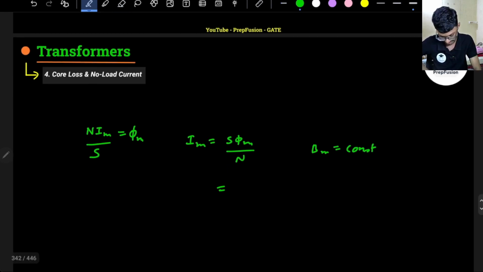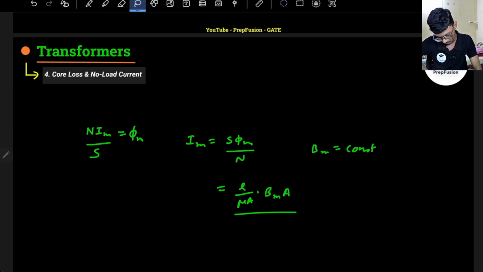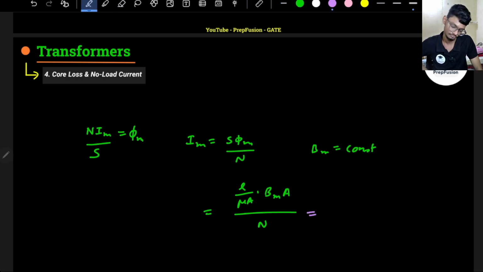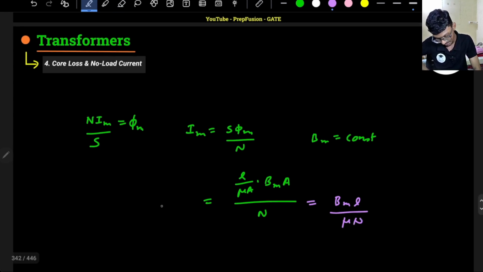So S is L upon mu A, into Bm into A, divided by N. So this will be equal to Bm into L divided by mu into N. So my magnetizing component of the current is directly proportional to the mean length of the flux path.